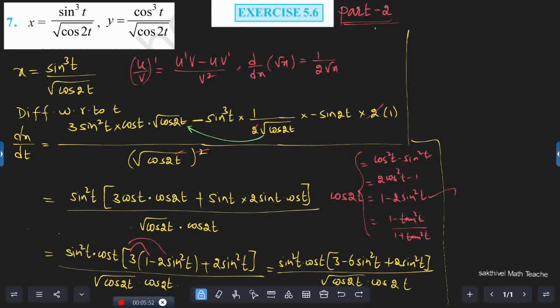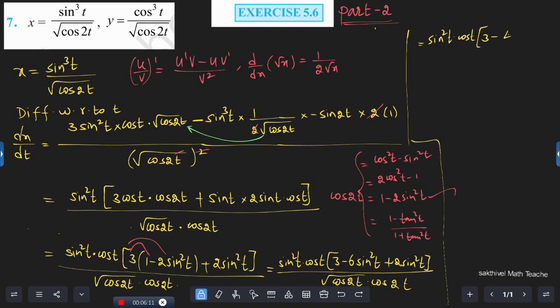Okay. Now see, children, this is 6 sine square, 2 sine square. Based on the sign, you can add or subtract. Outside we have sine square t into cos t. Here we have 3 minus 6 sine square plus 2 sine square.